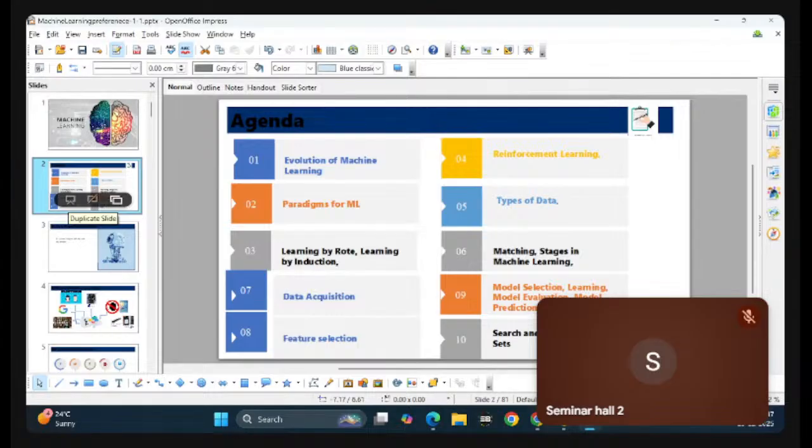Next one is data acquisition. I will tell you the spelling. Acquisition. Next, differences between feature and future. Feature selection. Next, reinforcement learning. Types of data.